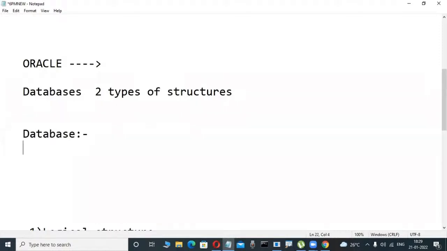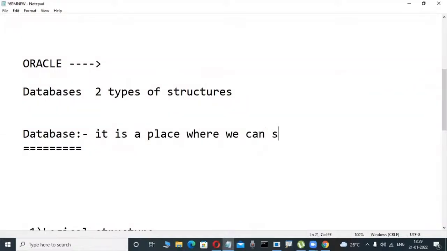What is a database? Anybody looking in Google or in books will find it is a place where we can store a structured collection of data. What is data, what is information, what is DBMS, that is later.